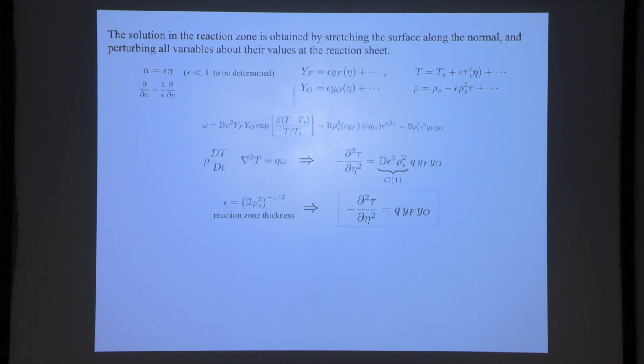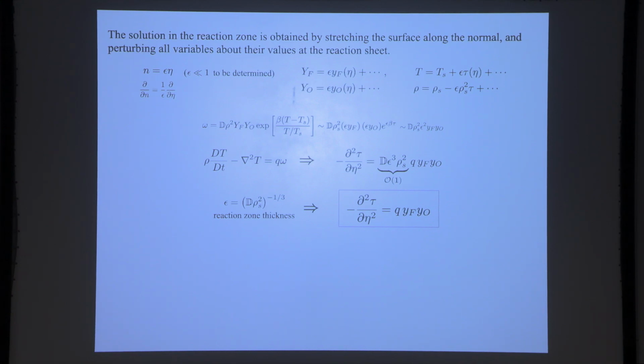And we have seen that the scale or the thickness of this zone goes like the Damköhler number to the -1/3, okay? So it's a very thin reaction zone.